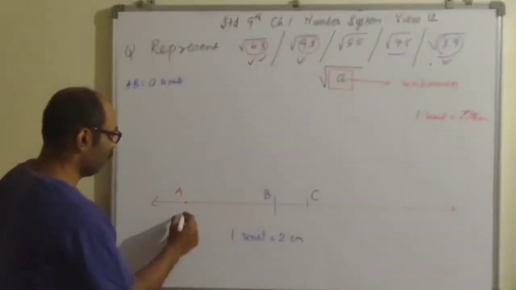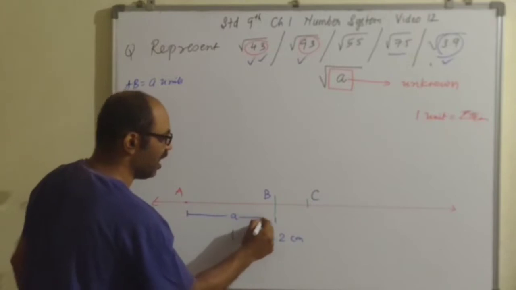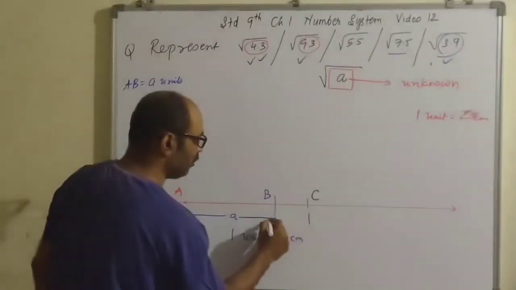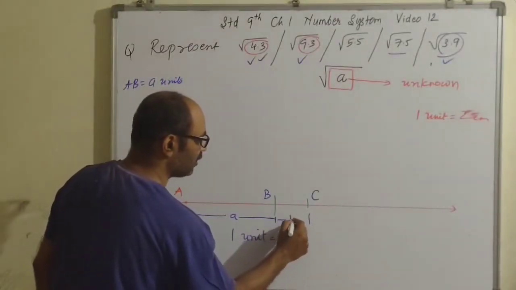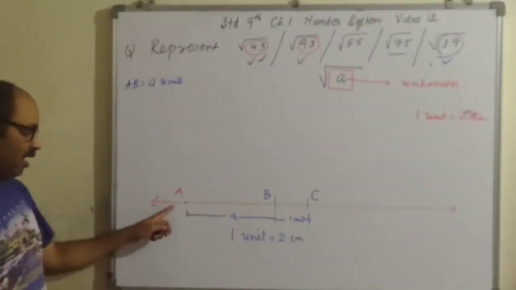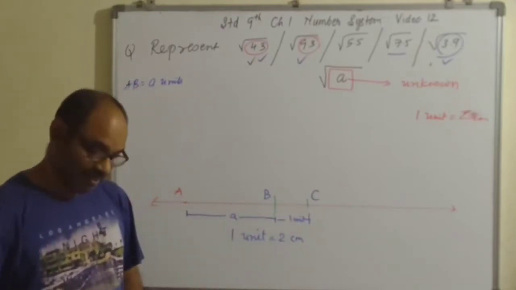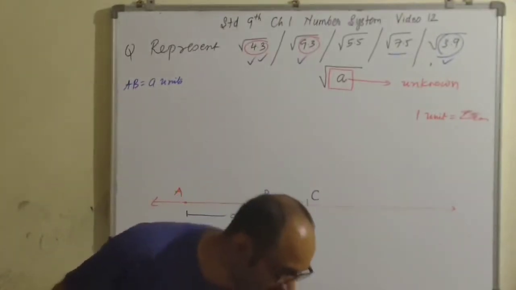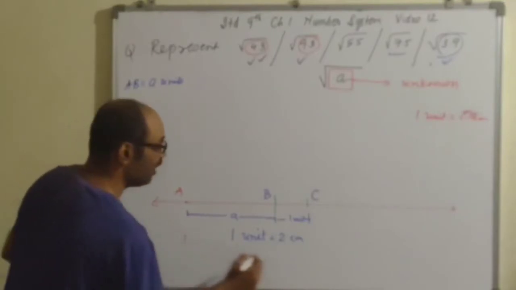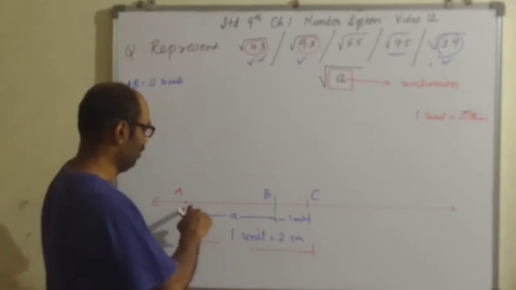From A to B, the distance is A units. From B to C, the distance is 1 unit. So how much is this distance, children, A to C? Remember yesterday's concept.